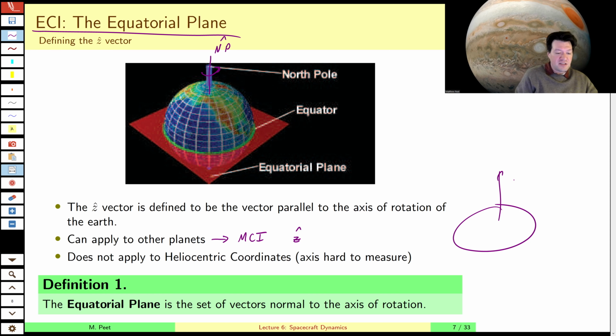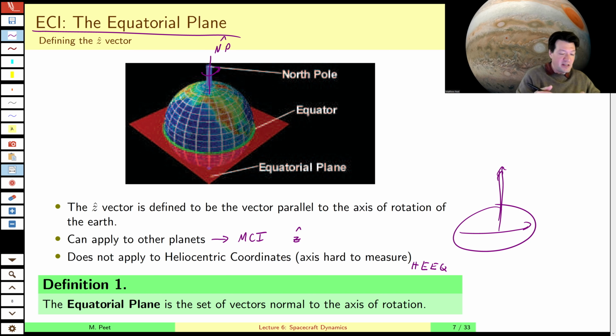It's just that its rotation axis, as we can best measure it, is not particularly reliable or constant. So there is actually, I think it's HEEQ, heliocentric equatorial something something, which is the mean rotation vector of the sun, as measured by someone who spends a lot more time looking at the sun than I do.